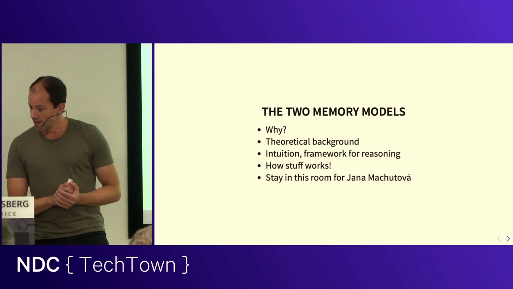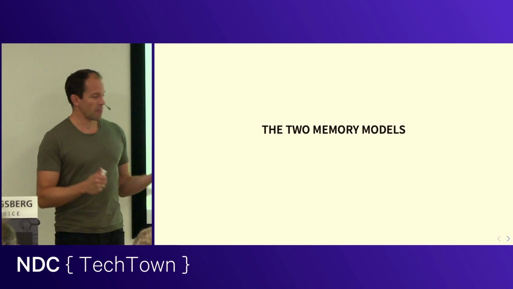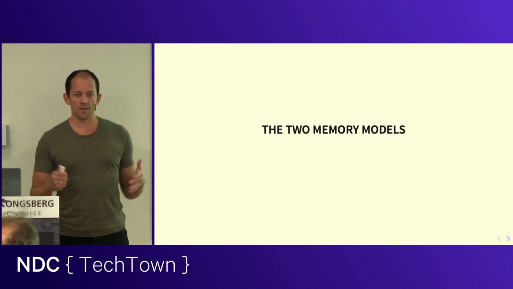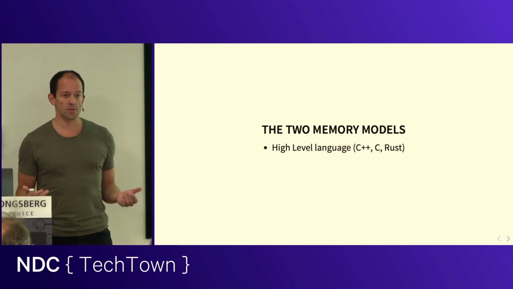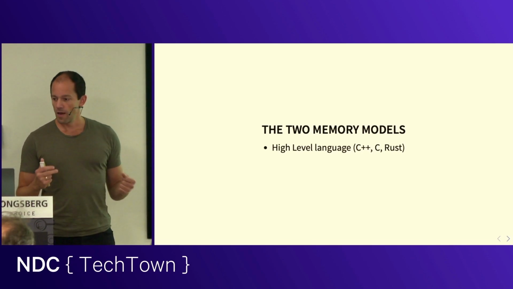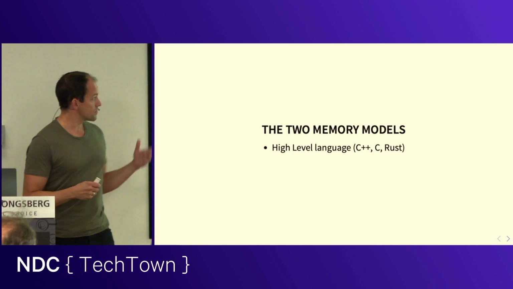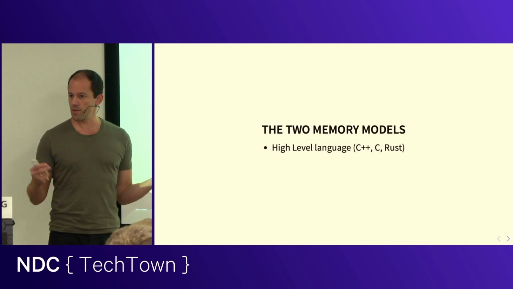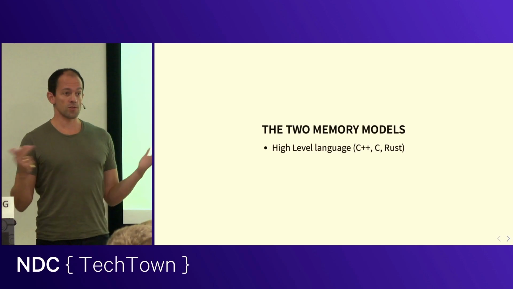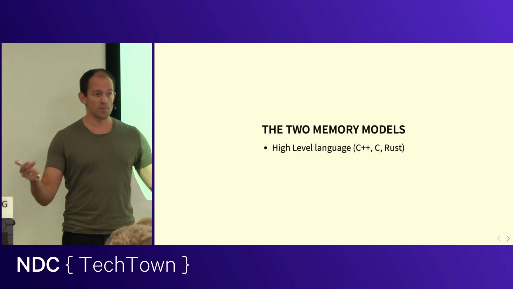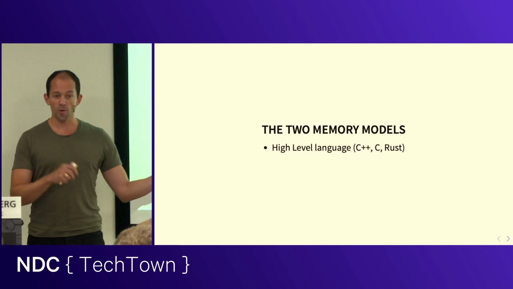So yes, which two memory models? You've probably heard about the memory model in your language. If you use C++, you know that it has a memory model, and other languages have similar ones. I don't really know C, but I assume it's similar to C++. And Rust, they basically just stole ours because they love all the stuff that we do, and they just copy it.